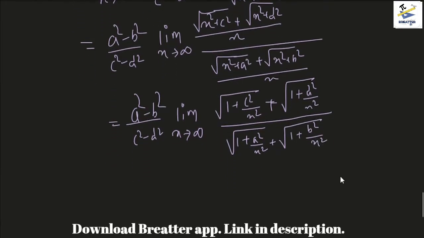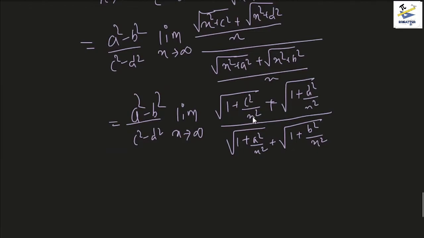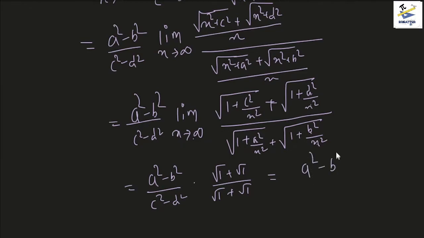Now since we know that this individual term c square by x square, d square by x square, a square by x square and b square by x square go to 0 as x tends to infinity, the answer simply becomes a square minus b square by c square minus d square into root 1 plus root 1 by root 1 plus root 1. This is essentially 1, so the answer is a square minus b square by c square minus d squared. So this becomes the answer.